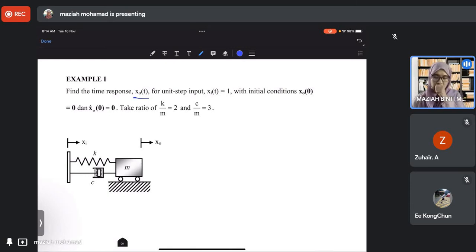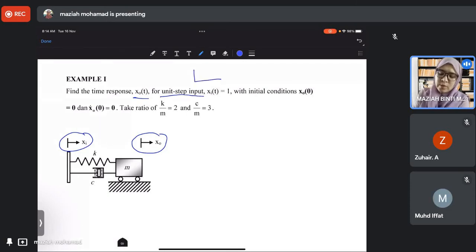All right, let's start with example number 1 here. Okay, so let's find the time response x naught t. Okay, because the output is x naught and the input is xi. For unit step input, xi t equal to 1. Okay, meaning here it is unit step input.